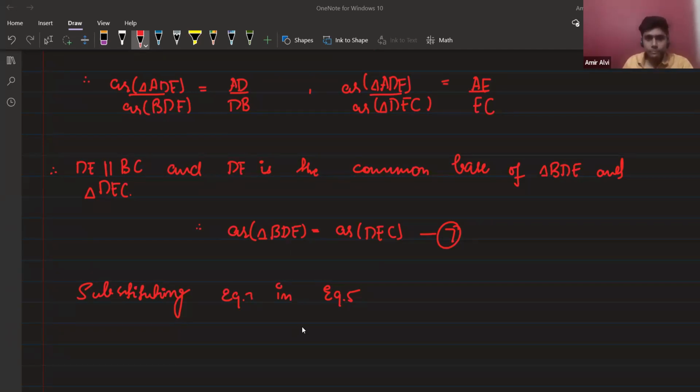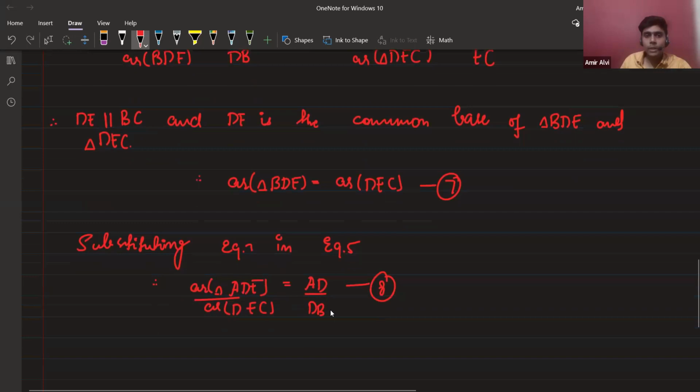Okay, so if I substitute this, the equation will become area of triangle ADE upon area of triangle DEC is equals to AD by DB. Yes. So this will be your equation number 8.